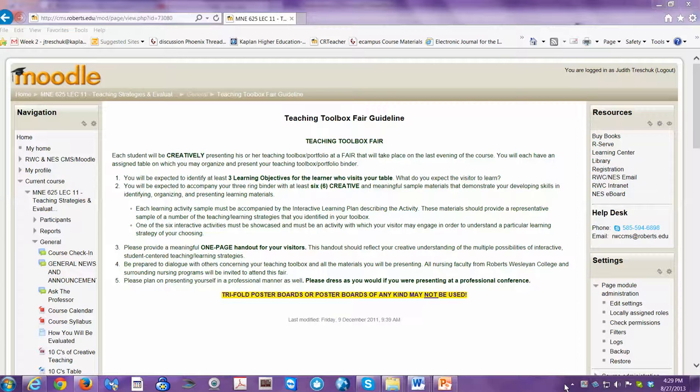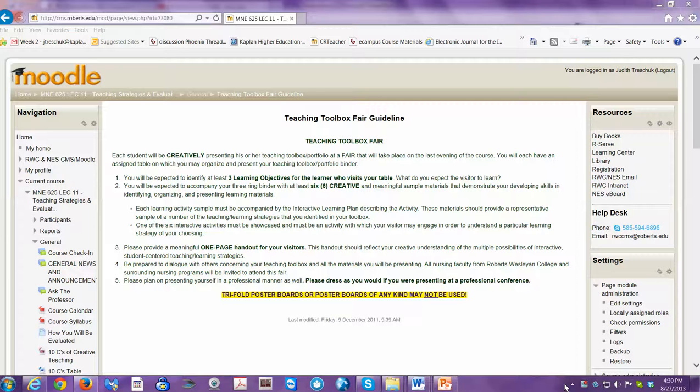You will be expected to put your 3-ring binder at the table, and then on the table you will have 6 creative and meaningful sample materials that demonstrate your abilities in creating teaching strategies. So you're going to have an interactive learning plan for the strategy, and then you're going to have a sample with that interactive learning plan.